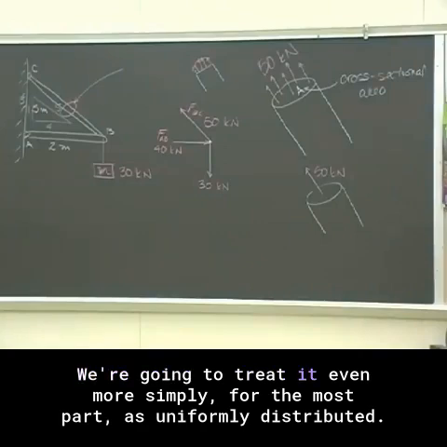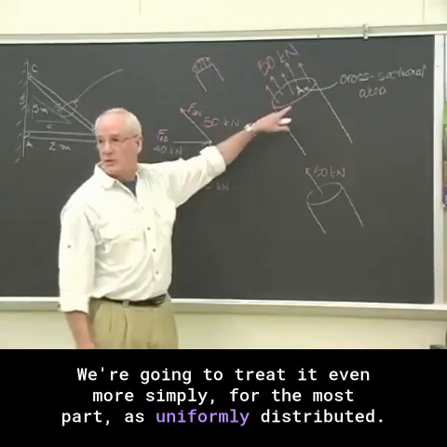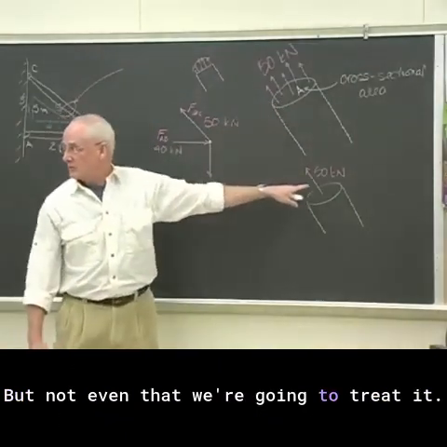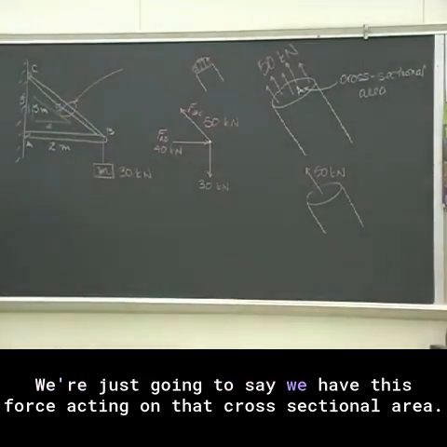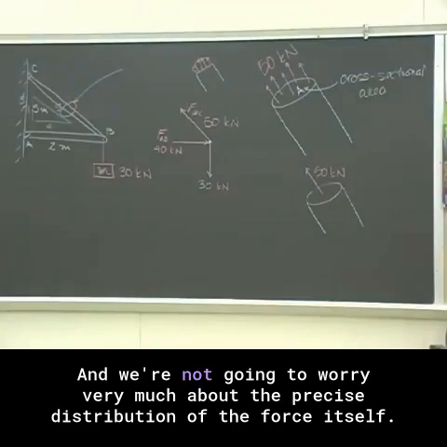We're going to treat it even more simply, for the most part, as uniformly distributed, but not even that. We're just going to say we have this force acting on that cross-sectional area, and we're not going to worry very much about the precise distribution of the force itself.